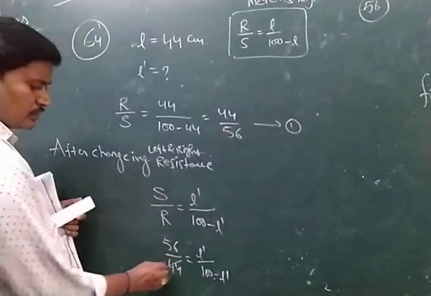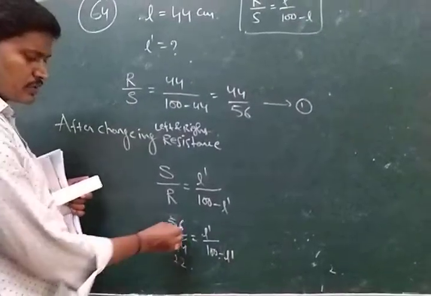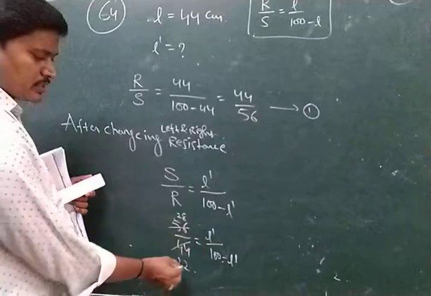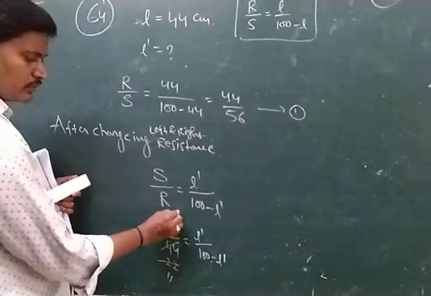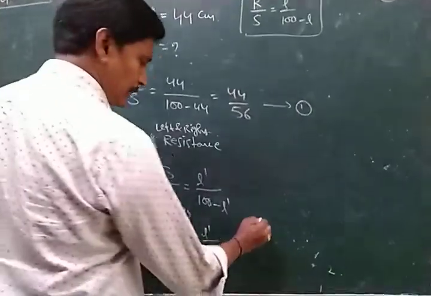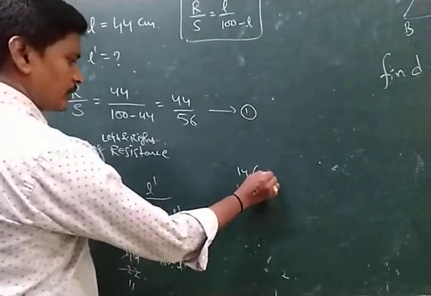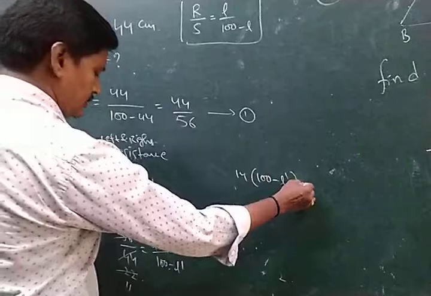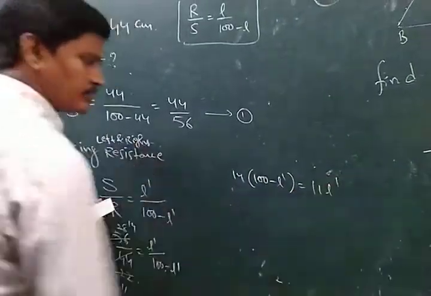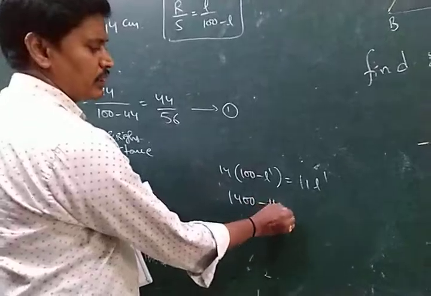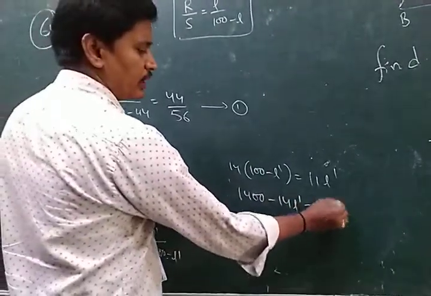Simplifying, 56 by 44 becomes 14 by 11. Cross multiplication gives 14 into 100 minus L dash is equal to 11 L dash. Then 1400 minus 14 L dash is equal to 11 L dash.